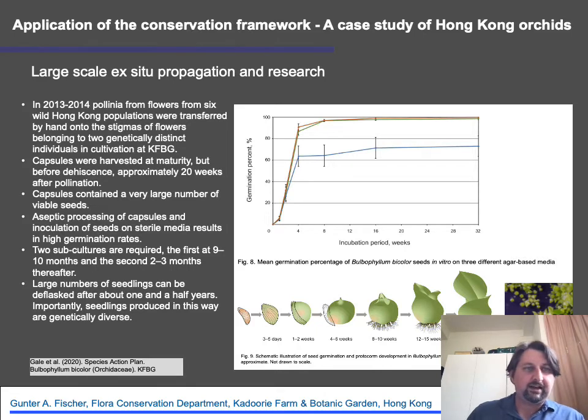So then we launched a large-scale ex situ propagation and research program. In 2013-2014, pollinia from flowers from 6 different wild populations were transferred by hand onto stigmas of flowering plants in the botanic garden.